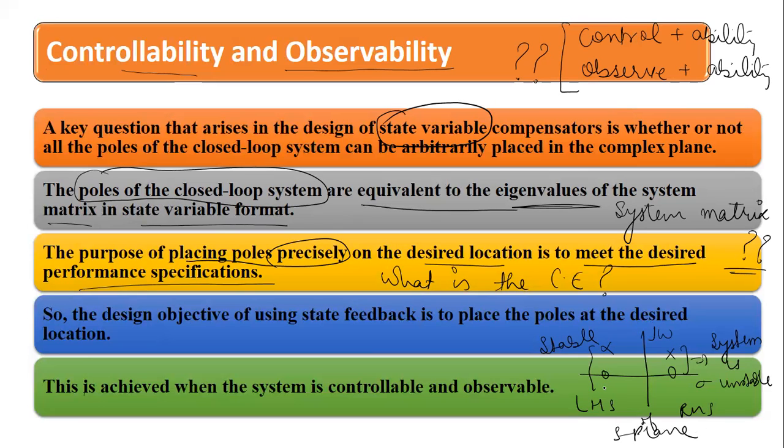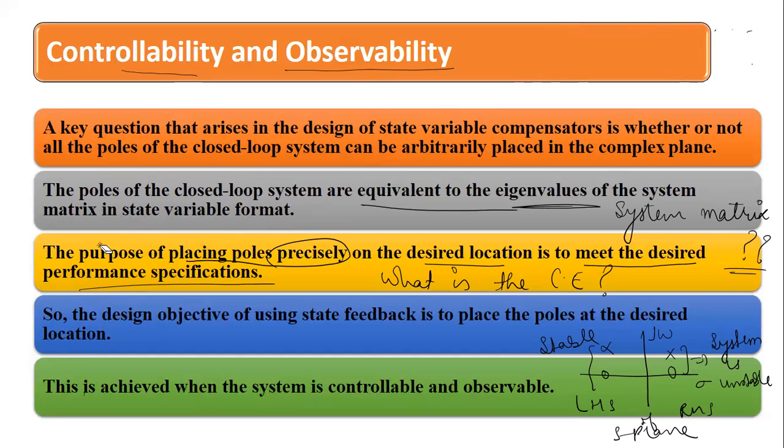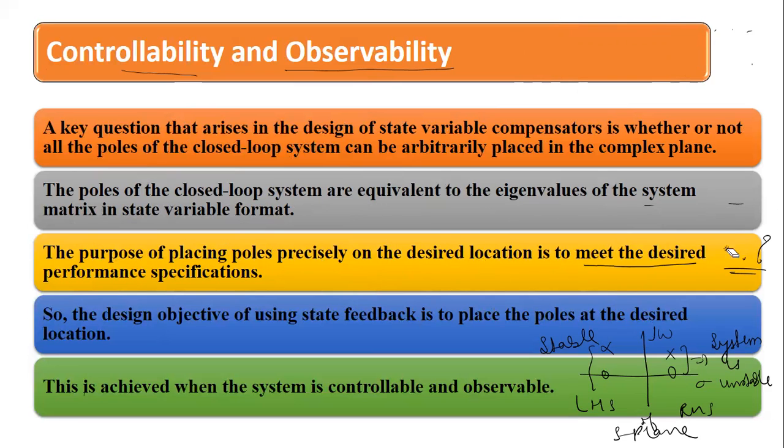By using this state variable feedback design, what we are actually doing is determining the location of the poles in such a way that we get the desired location. So the objective is to find those desired locations of the poles.